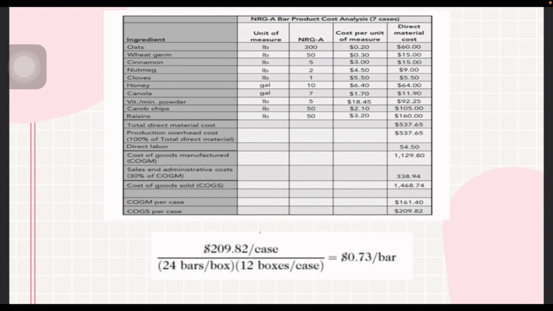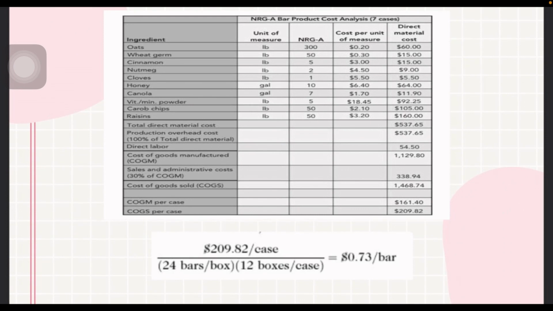Because the COGM and the COGS were estimated based on the BOM, or the recipe from Chapter 4, that produced 7 cases of snack bars, the figures must be divided by 7 to give the COGM and the COGS on a per case basis.